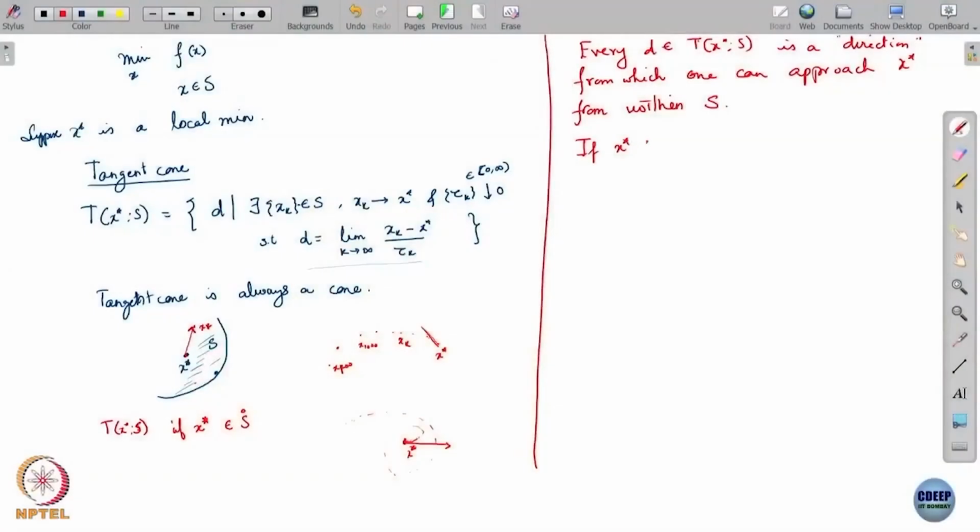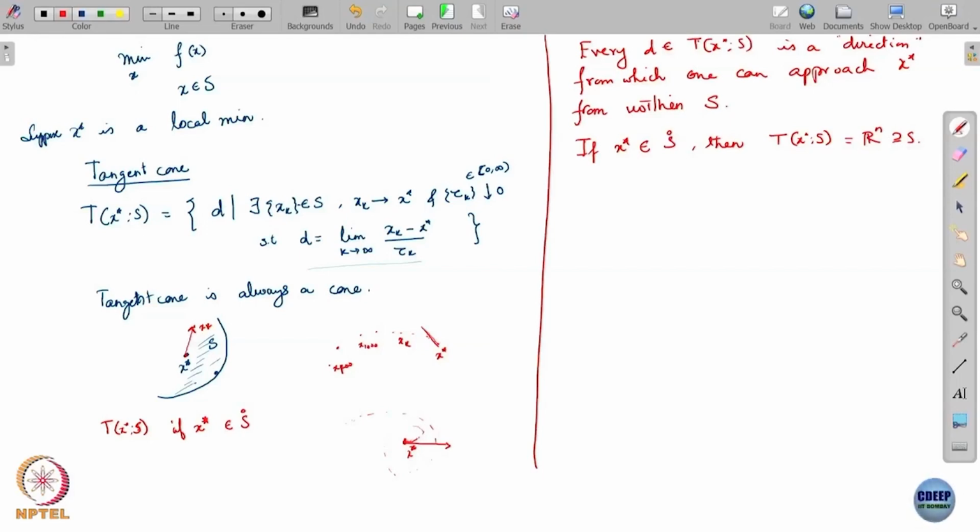So if x star belongs to the interior, then the tangent cone is equal to Rn. Rn is the ambient space of S, right.